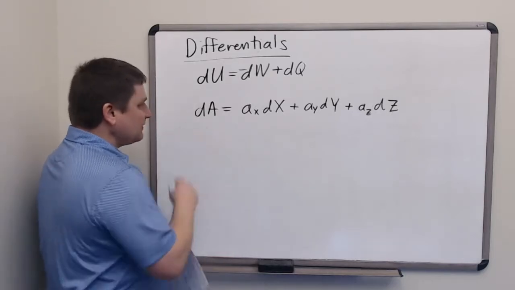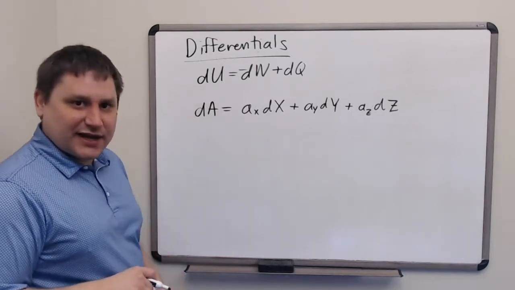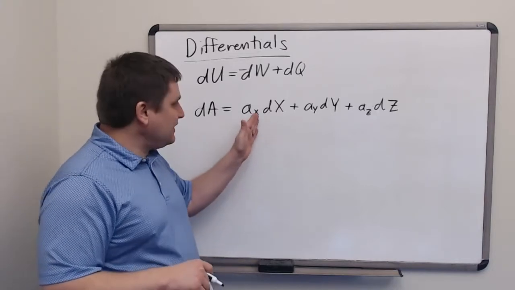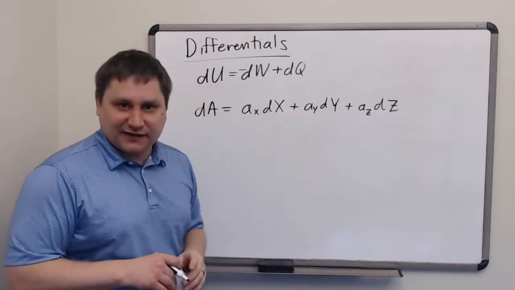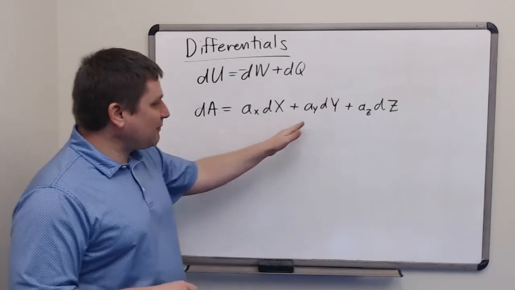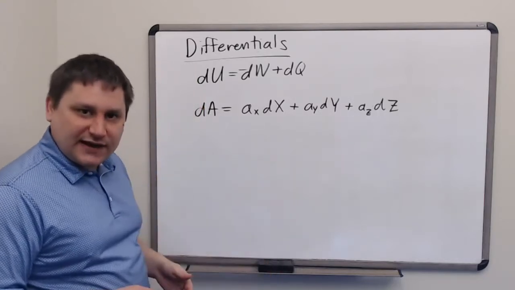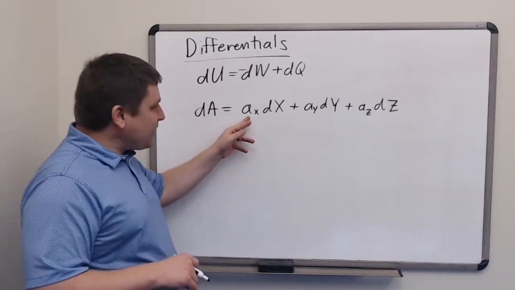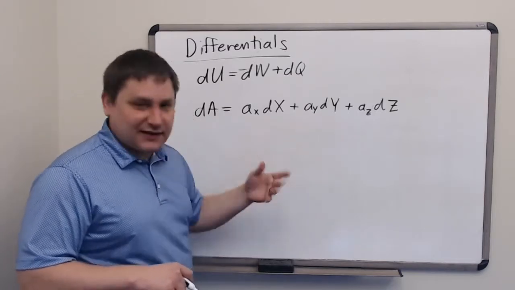A differential, dA, is something that we can express as a linear combination of the independent variables in the system. So we have dx, dy, and dz multiplied by some coefficients, the lowercase a's with the subscripts. These lowercase a's with subscripts could depend on x, y, and z themselves.